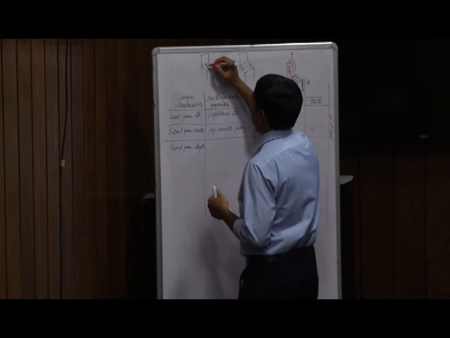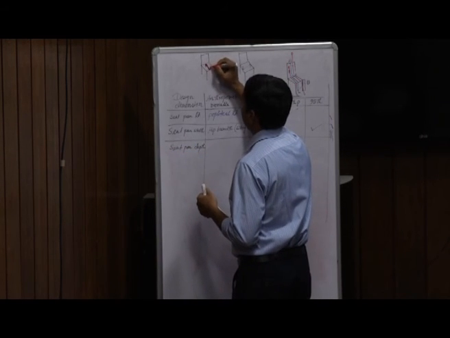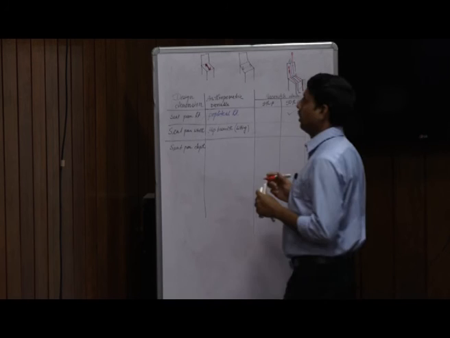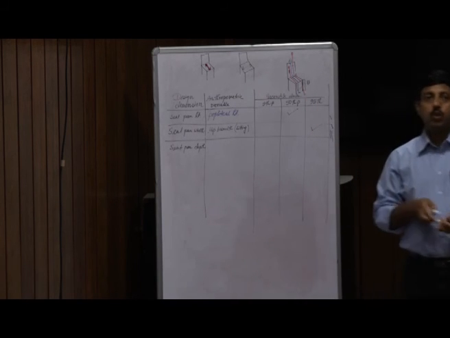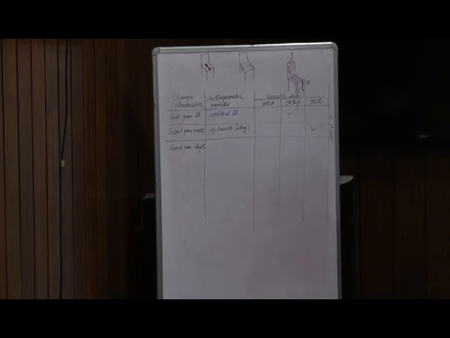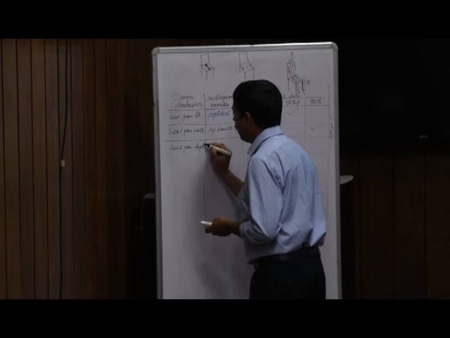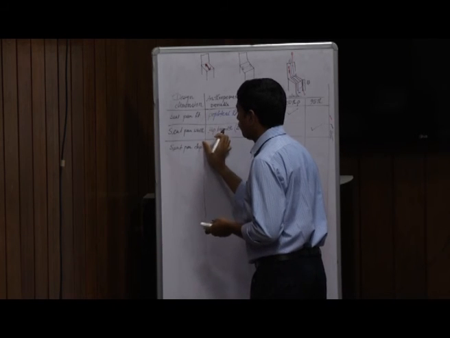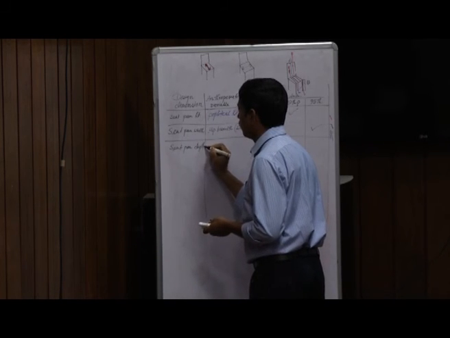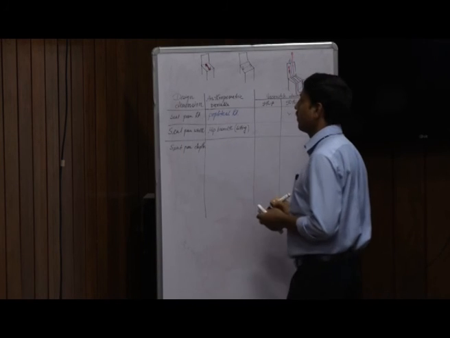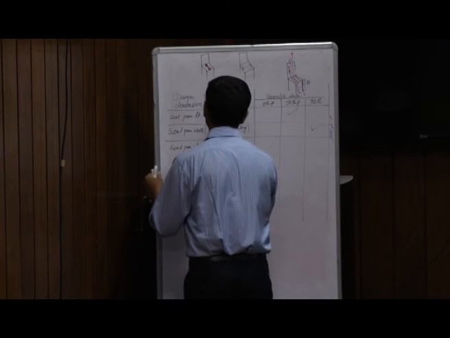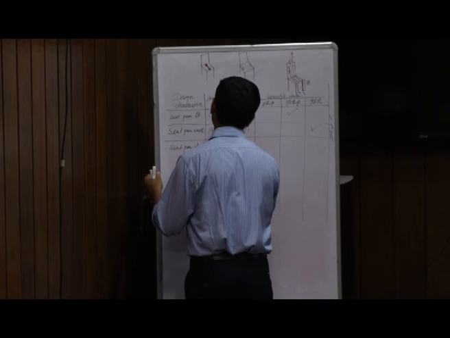This is called seat pan depth. While we are discussing the seat pan depth, which is the corresponding anthropometric variable? The corresponding anthropometric variable is buttock popliteal length.